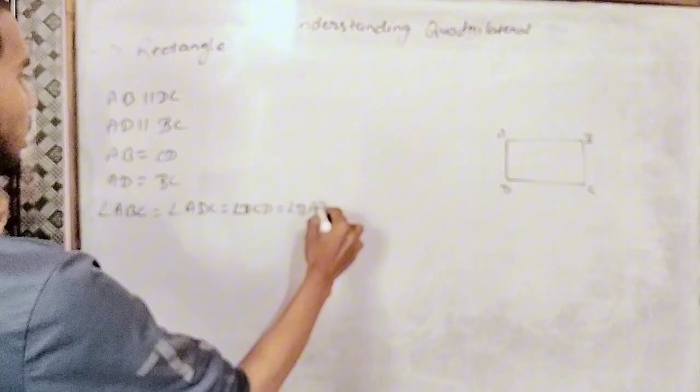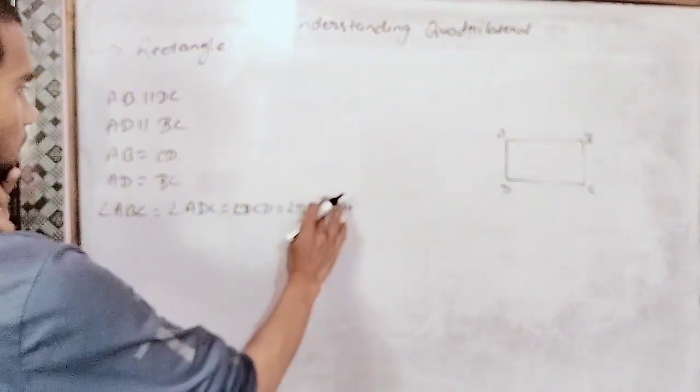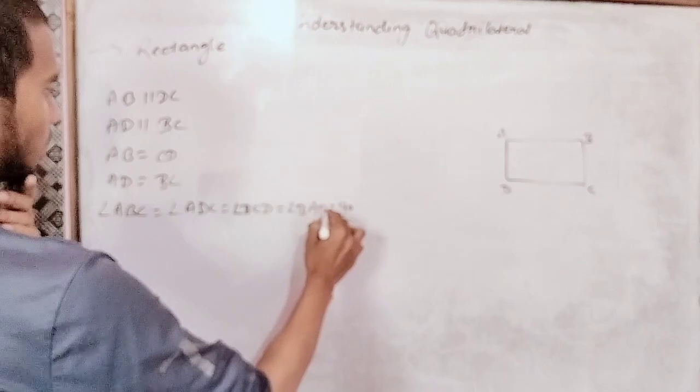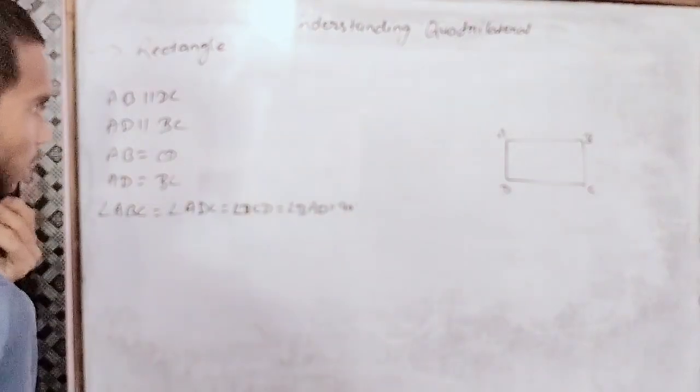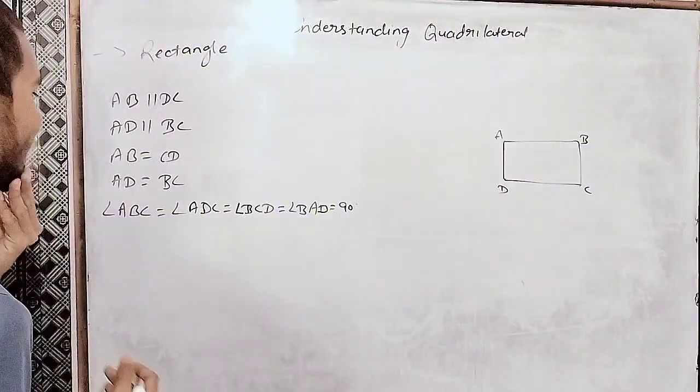Angle ABC, angle ADC, angle BCD and angle BAD are all 90 degrees. Clear? At 90 degrees.